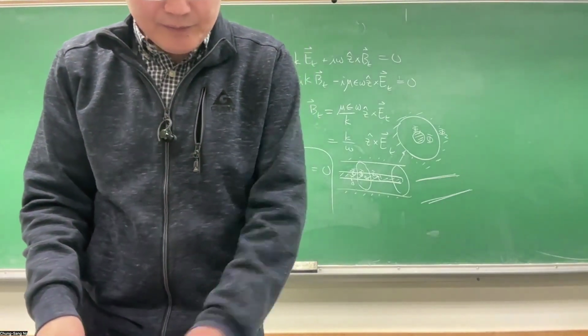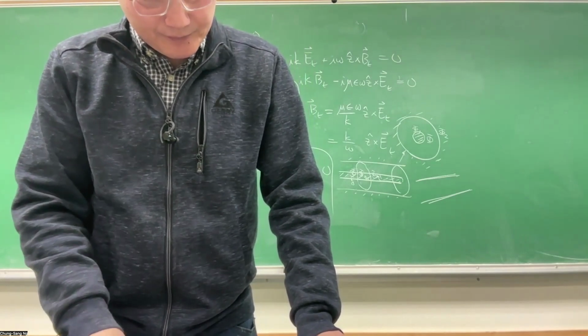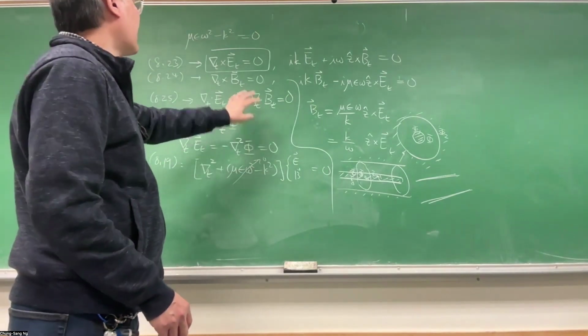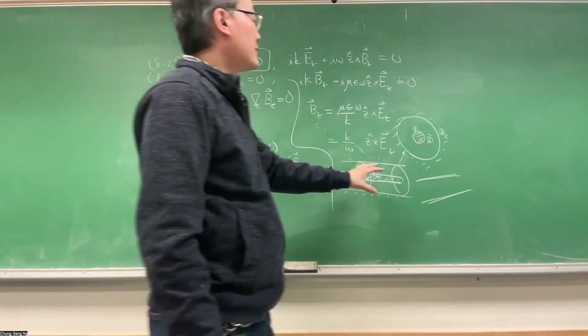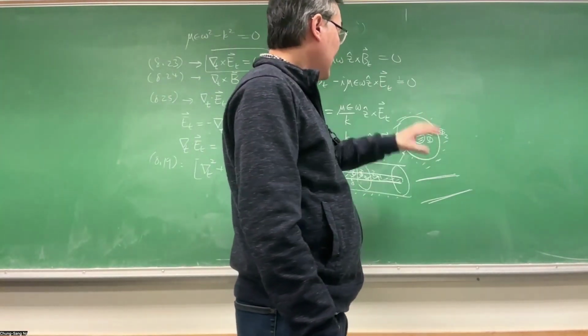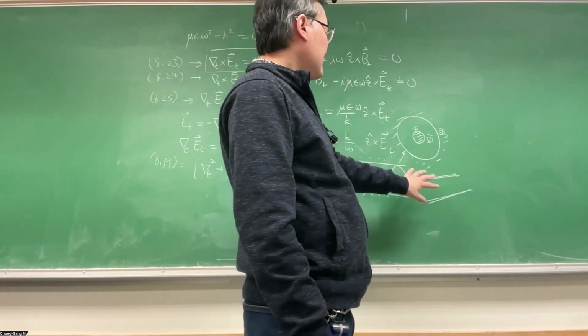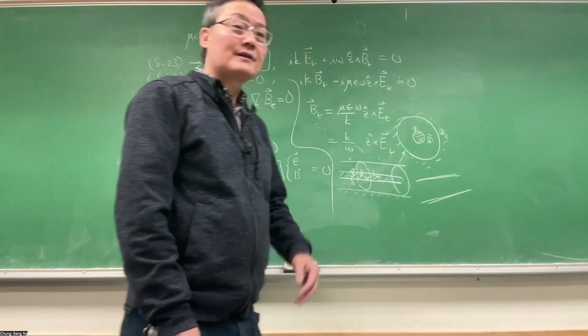So the TEM mode is, in some sense, like a plane wave, except that it has to be confined within a volume with at least two separate conducting surfaces. Okay.